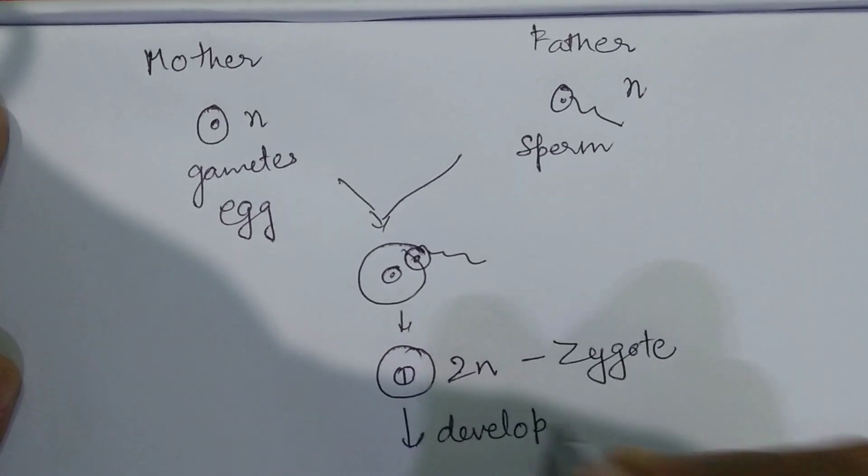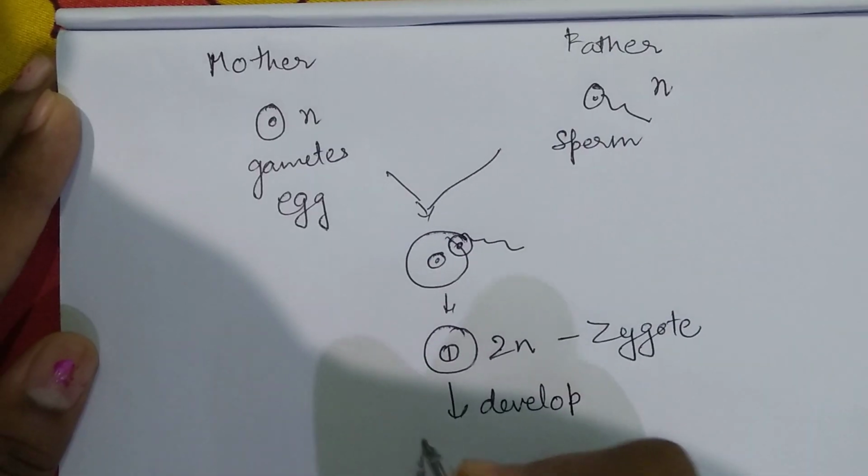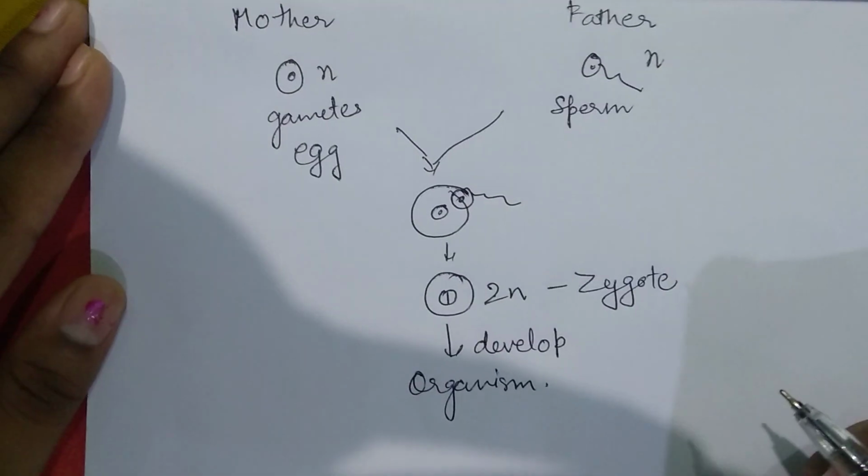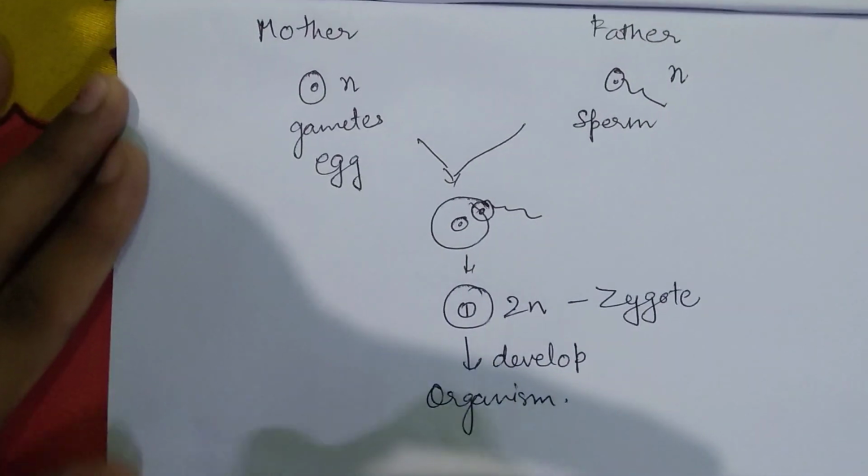The zygote will develop into an organism. This is the common process in which genes are transferred.